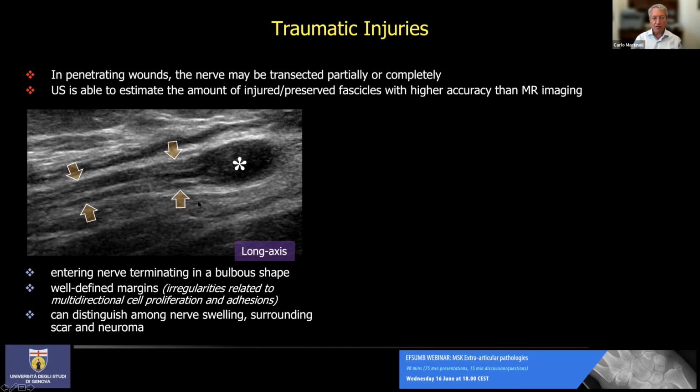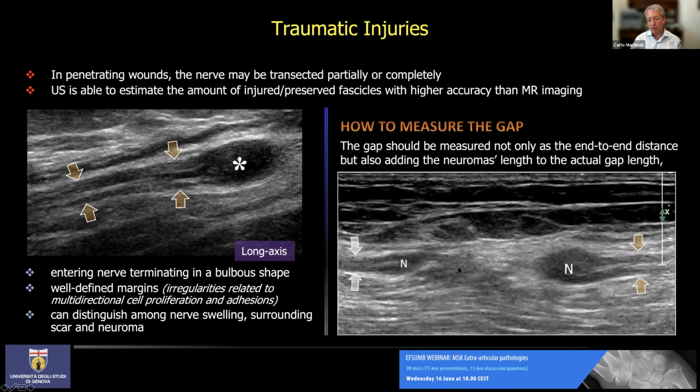Regarding traumatic injuries, remember that ultrasound is able to detect the transection of nerve trunks, and in these cases, the diagnosis is based on the demonstration of a discontinuity between the two nerve ends. Remember, in the case of a complete nerve transection, you see the proximal stump here ending in a neuroma, and this is the distal stump.